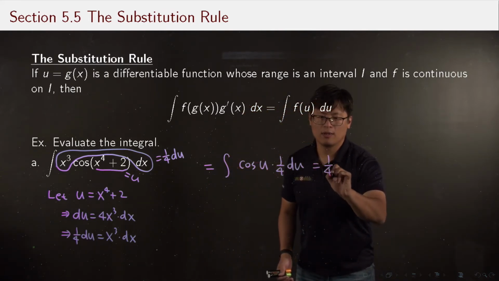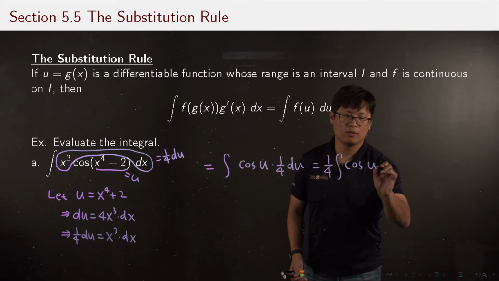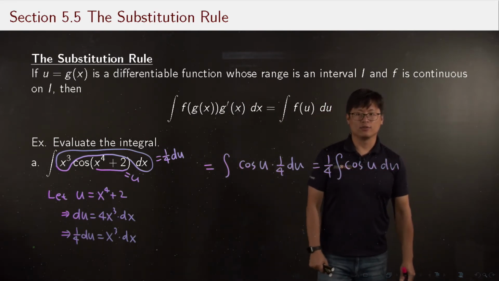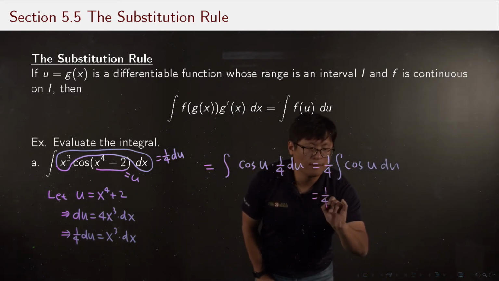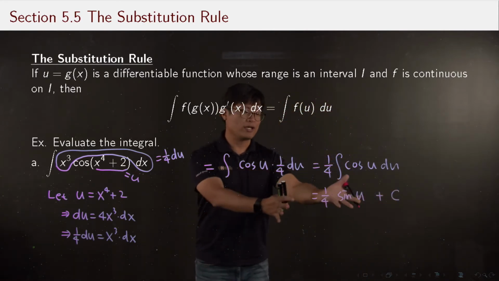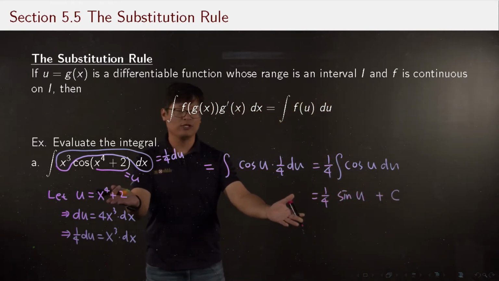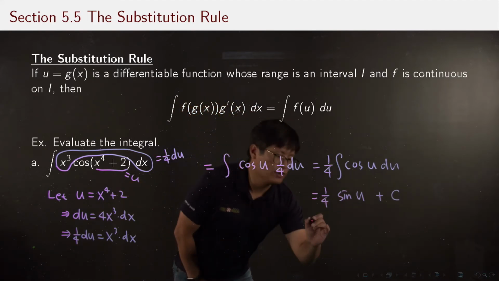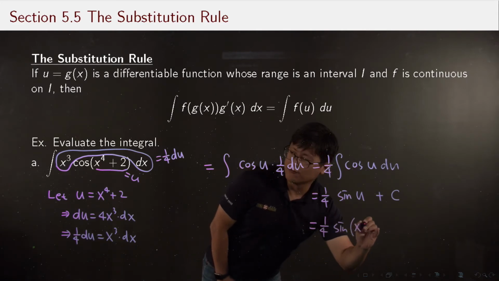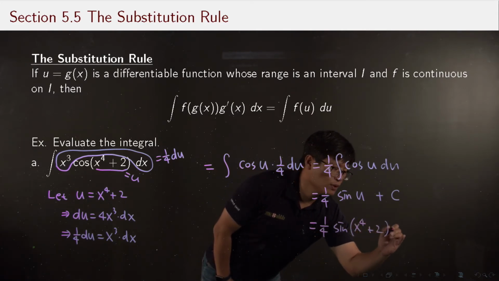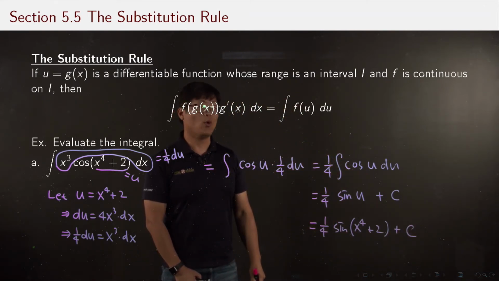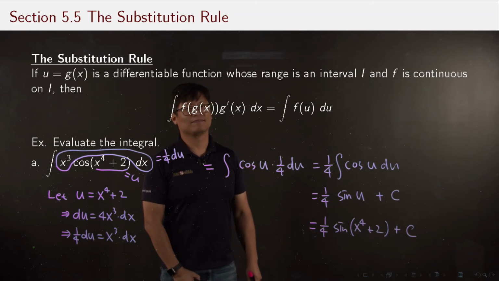Wow, you see? That's really simple as an antiderivative, right? It is equal to 1/4 sine u plus the constant c. Once you are here, we replace your u with x to the 4 plus 2. So the answer is 1/4 sine of (x to the 4 plus 2) plus c. This is the substitution rule, or use of technique.